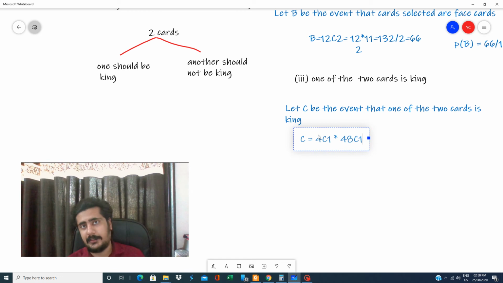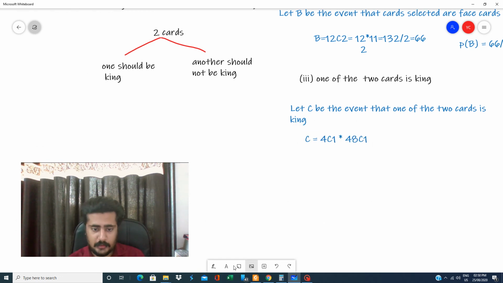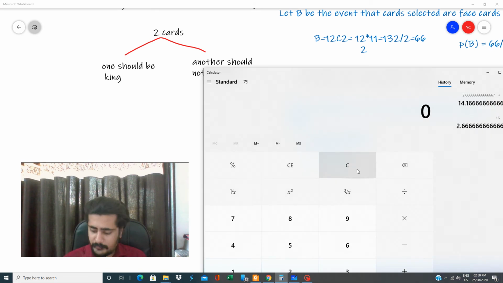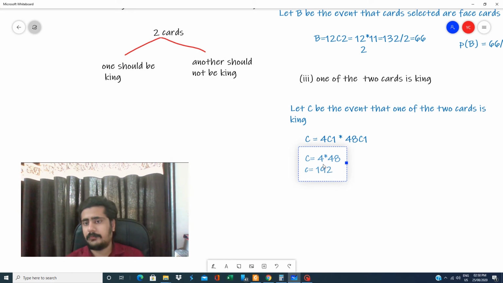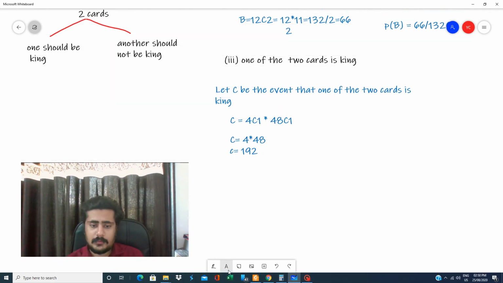The other should not be king. So one is king, another is not king. So your answer is 4 into 48, 192. So P of C is equal to 192 upon 13.